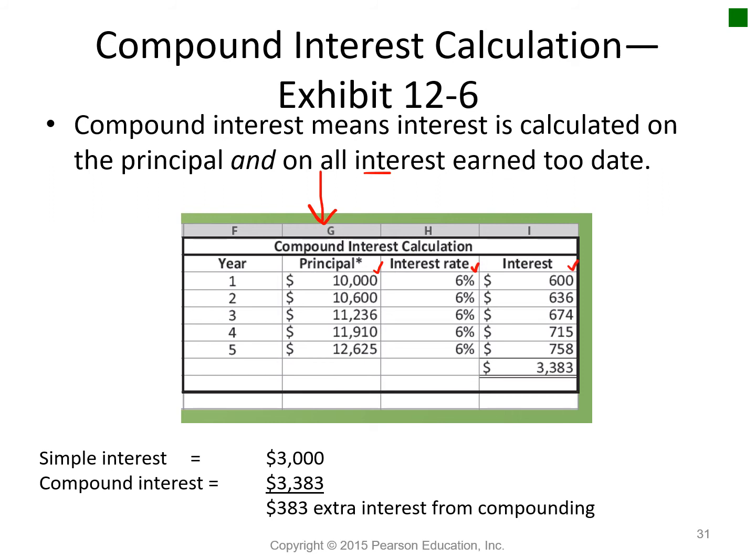You add that $600 back to the principal going into year two. Notice now your principal is $10,600. Multiply that by 6%. Notice how that gives you a different interest earnings. So again, you keep on adding this interest to the principal and then calculating it times the interest rate. And again, that's called compound interest.